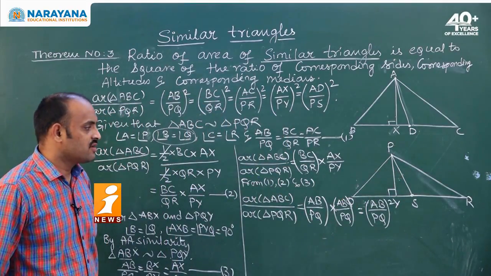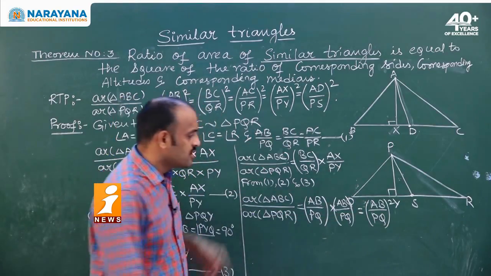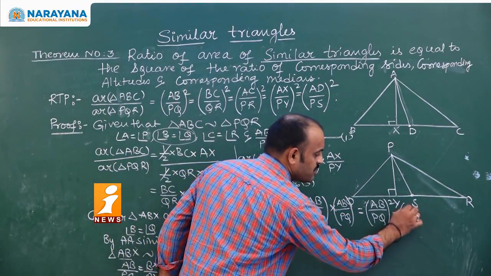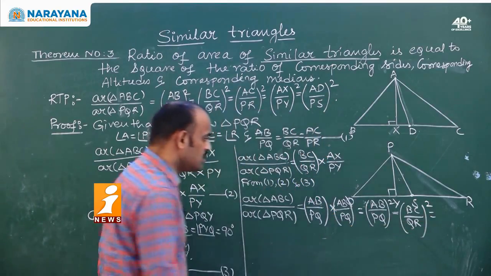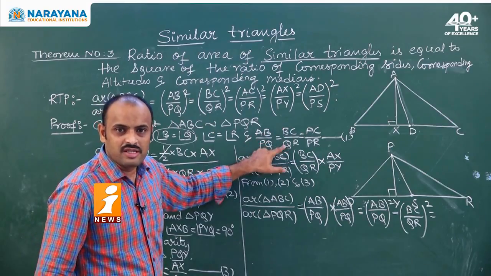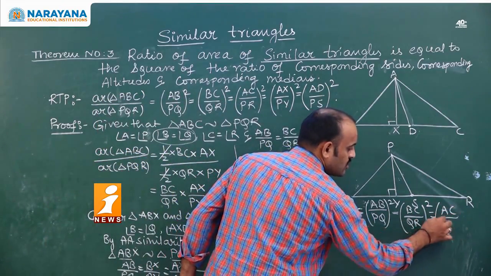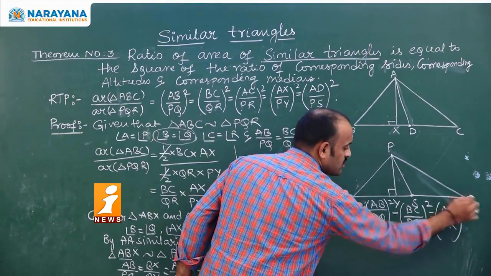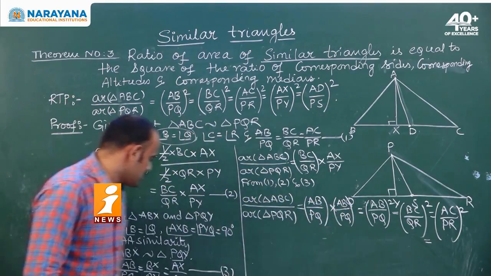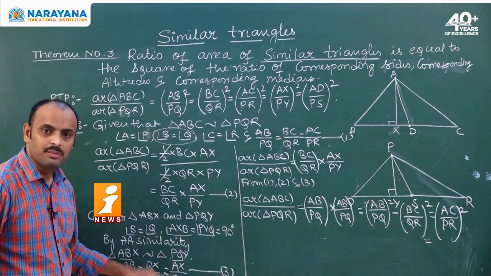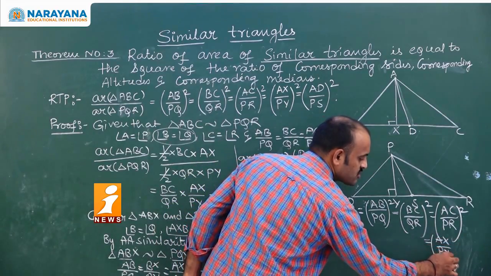From equation 1, we know that AB by PQ means BC by QR. Therefore, BC by QR whole square, which is also AC by PR whole square, and AB by PQ means AX by PY, therefore AX by PY whole square.